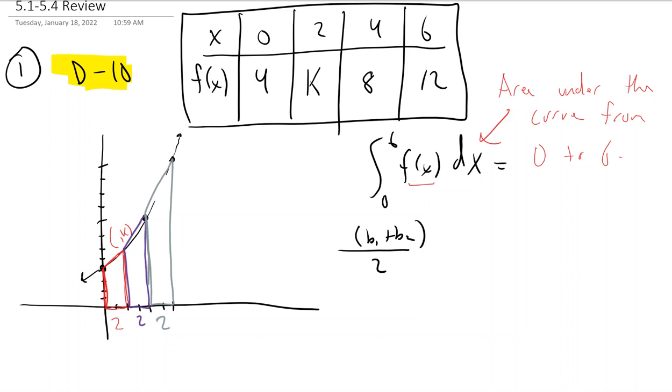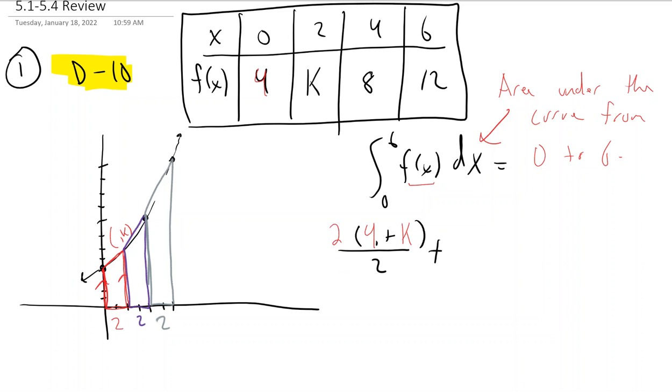The two sides that are parallel are the bases. So the height is 2. Base 1 is 4. And base 2's length is what?